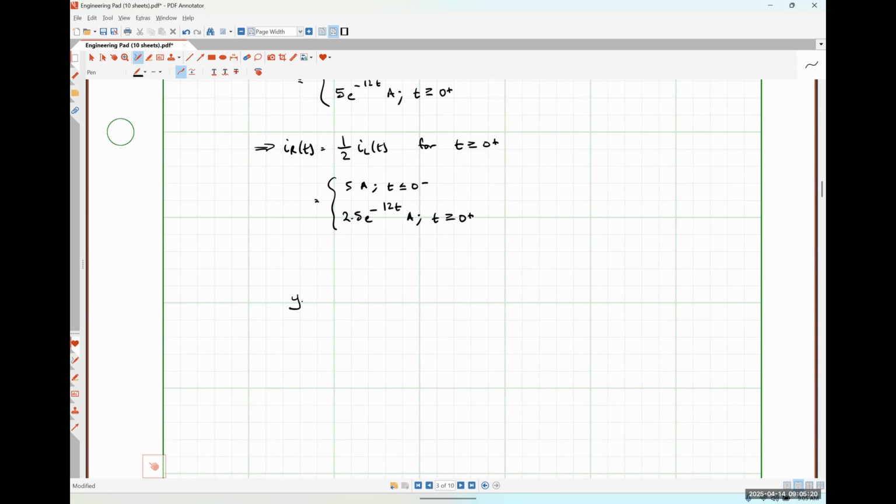I'm going to say that y sub n of t, where that n stands for our natural response, is going to be y at 0 minus for t less than or equal to 0 minus, and y at 0 plus e to the negative REQ over LEQ times time for t greater than or equal to 0 plus, where y here is simply any current or voltage in our system.